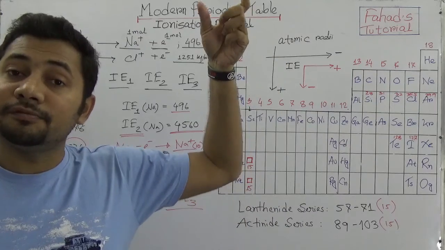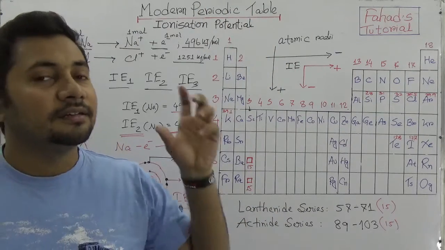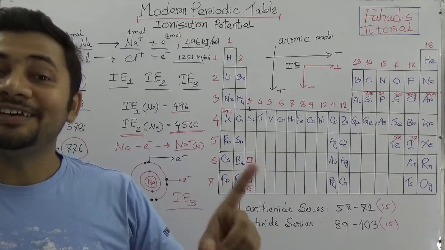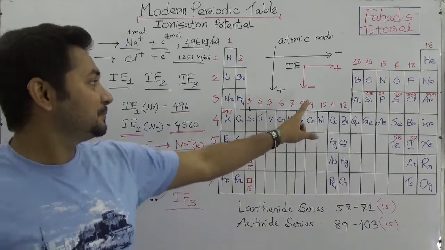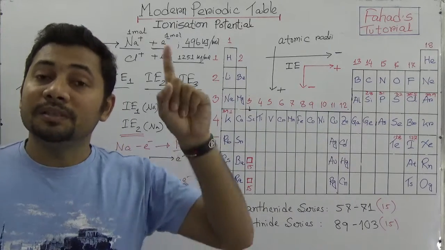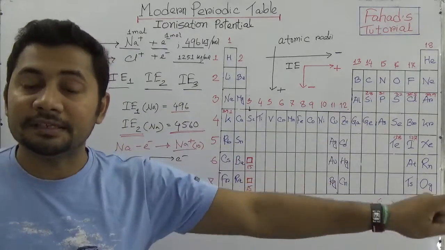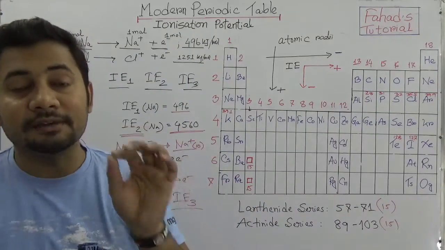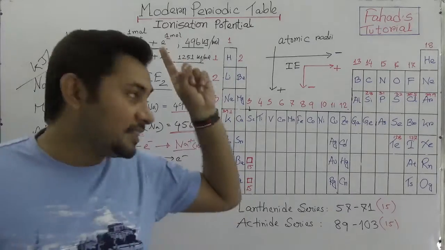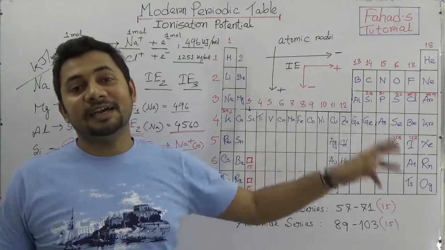If you go in a group from upwards to downwards, the atomic radius will increase but the ionization energy will decrease. So this is a complete vice versa relation between atomic radius and ionization energy, and this is also the same for electronegativity and electron affinity, which are completely vice versa with the atomic radius.